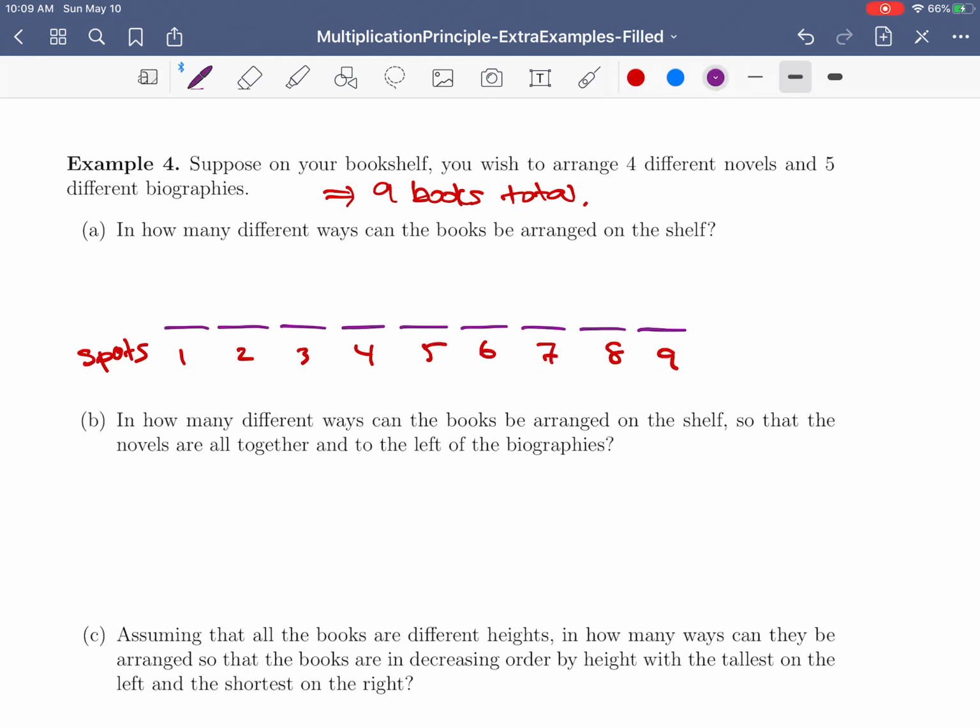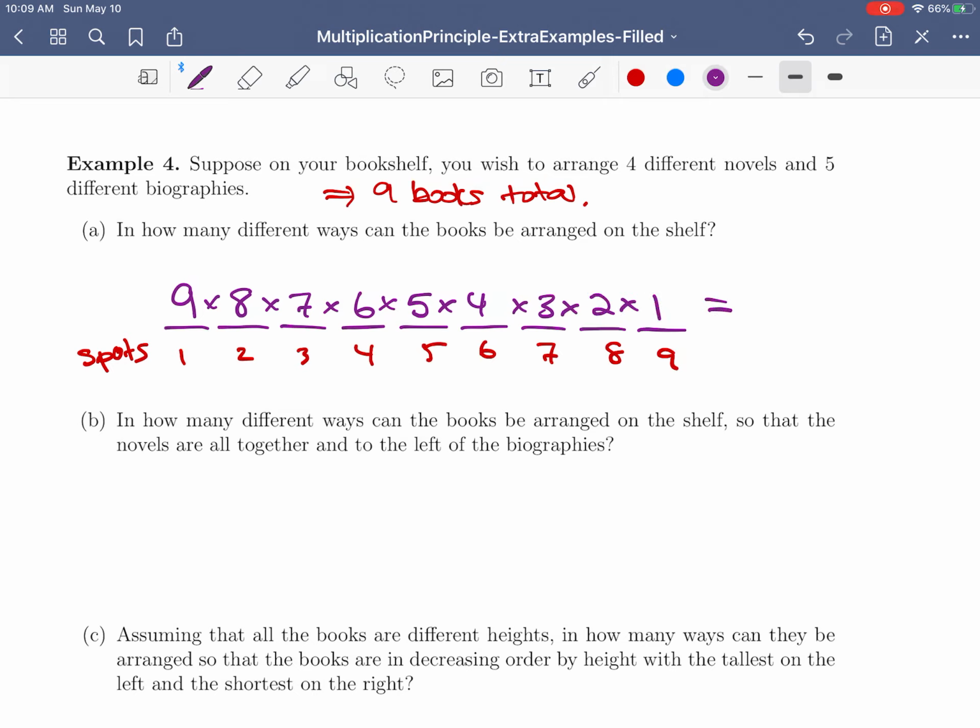And now I want to know how many options there are for each spot. Well, I just mix all the books up, so I have 9 books total. So in my first spot, I'm going to have 9 books I could place. Now in my second spot, I can't place the book I already put in. Okay, so I'm going to be down to 8. And it's going to just keep decreasing like this until I use up all of the books.